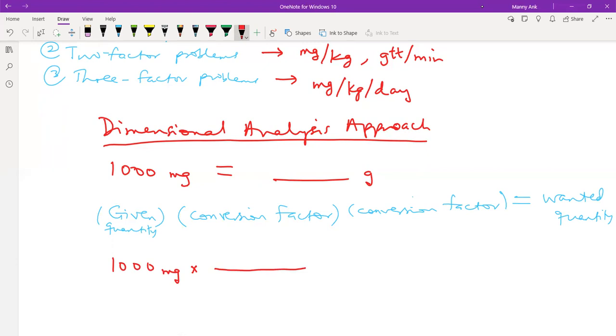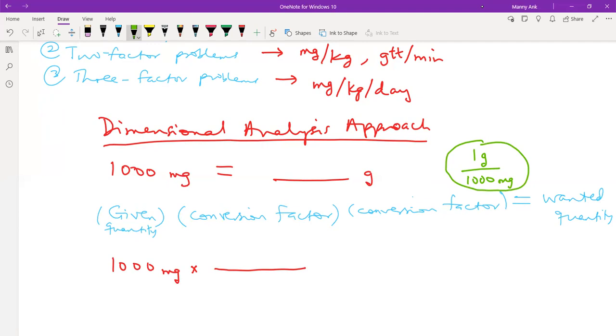Now, we know that you have 1 gram in 1,000 milligrams, right? So let's write that here. So I have 1 gram for every 1,000 milligrams. So this is the conversion factor.